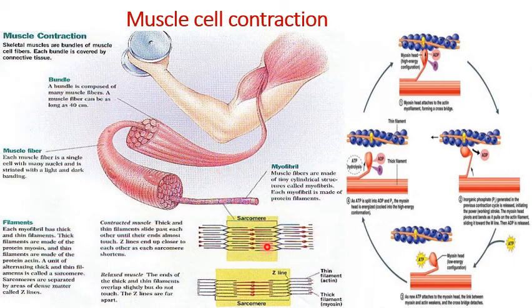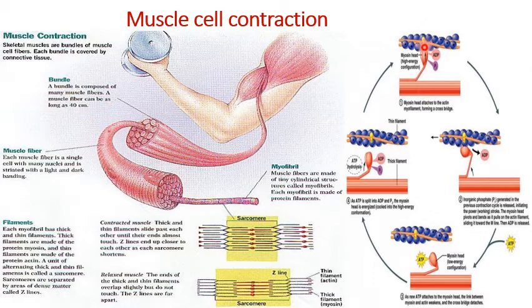As soon as it is released into the muscle, the calcium binds to the troponin. The troponin then causes the tropomyosin strands to change position so that it exposes the myosin head to bind to the actin filament.